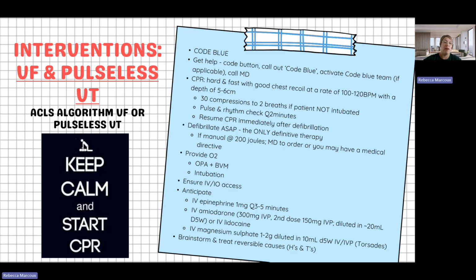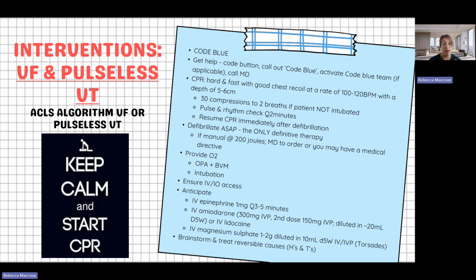So what do we do? We have a patient in VF or we have a patient in pulseless ventricular tachycardia. This is a code blue. So we need to look, listen, feel, get help, press your code button, call code blue, activate whatever things you know at your organization you have to activate and get this code started, okay? We always will start CPR first.